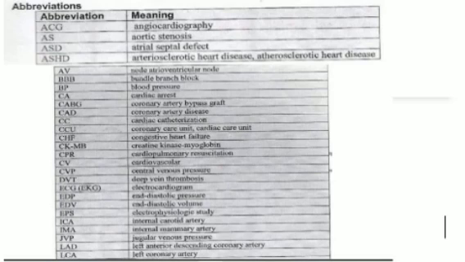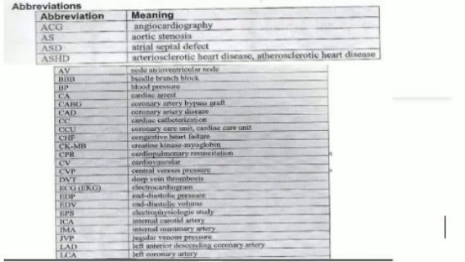BBB means bundle branch block. BP, blood pressure. CA, cardiac arrest. CABG, coronary artery bypass graft. CAD, coronary artery disease. CC, cardiac catheterization. CCU, coronary care unit, cardiac care unit.